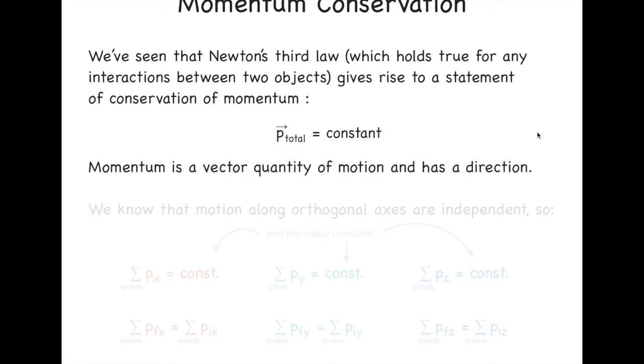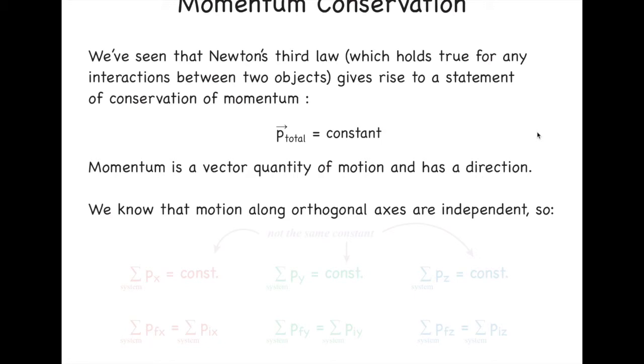Now, remember that momentum is a vector quantity of motion, so it has a direction. And as we've seen with all things that are vectors and have direction, the motion along orthogonal axes is independent.